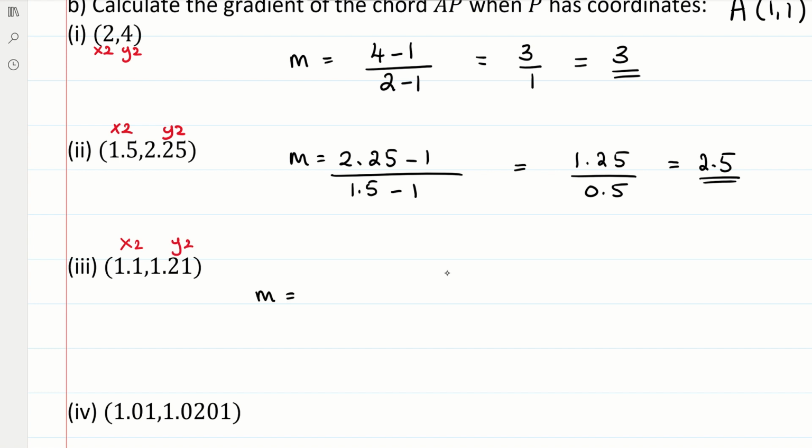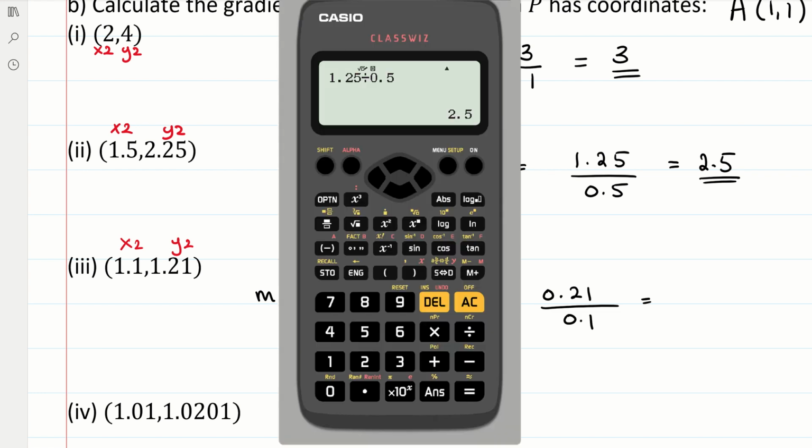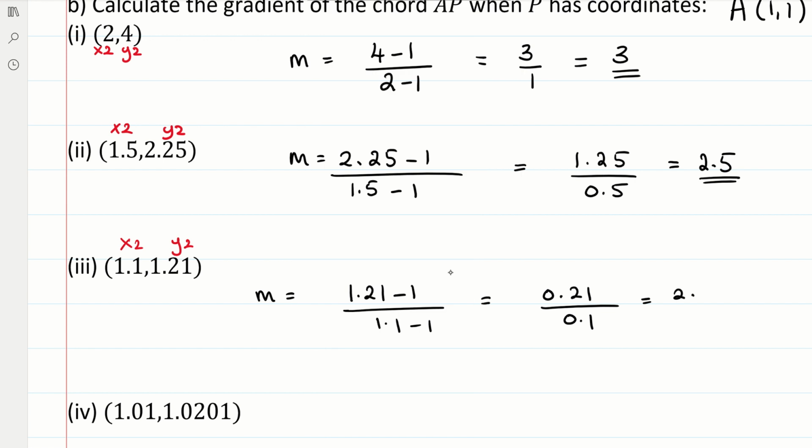So the gradient is 1.21 minus 1 over 1.1 minus 1. So that's 0.21, divided by 0.1. Again, 0.21 divided by 0.1. And that's 2.1.